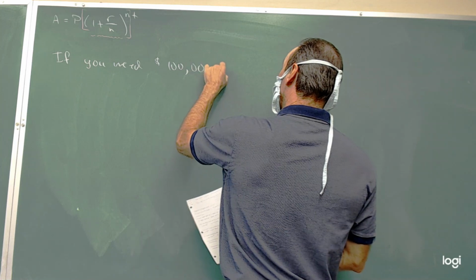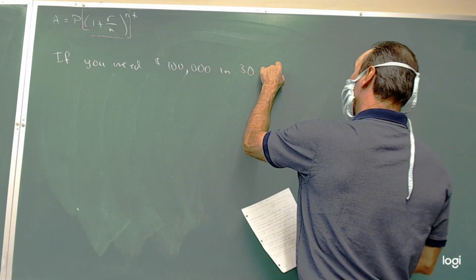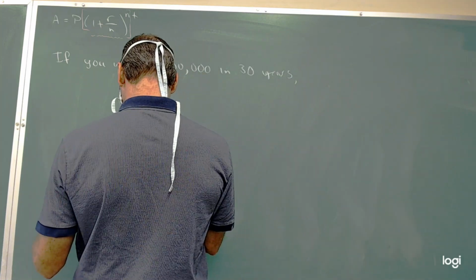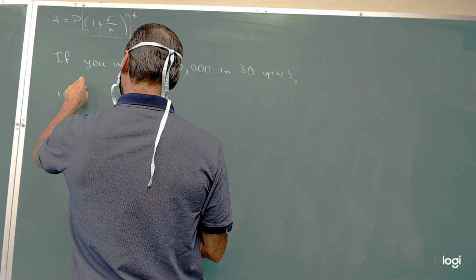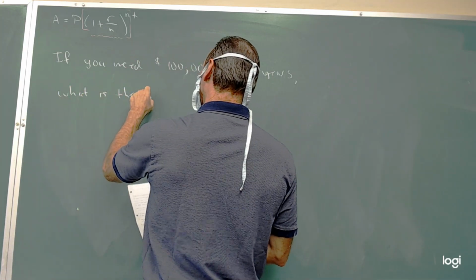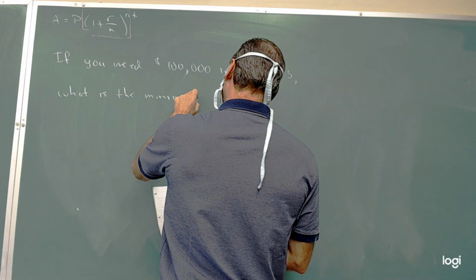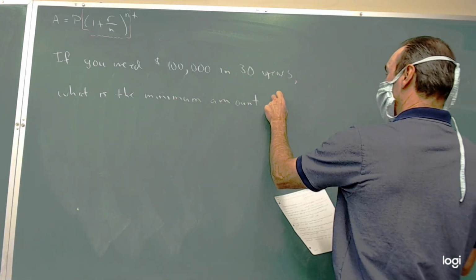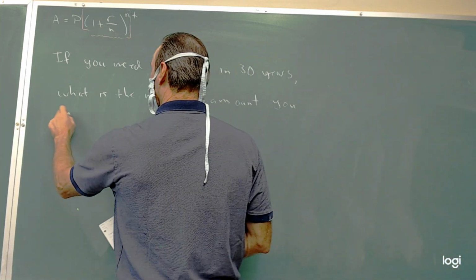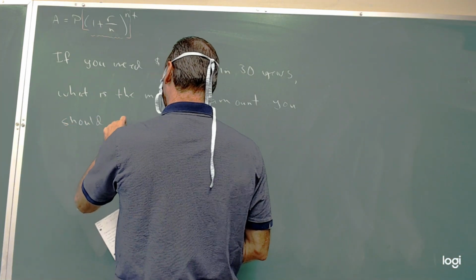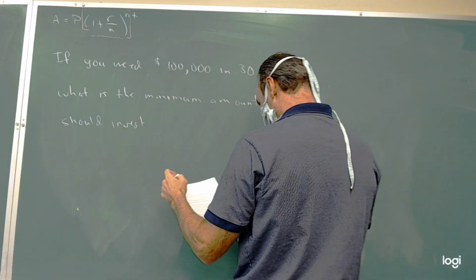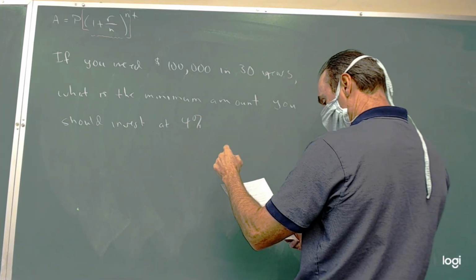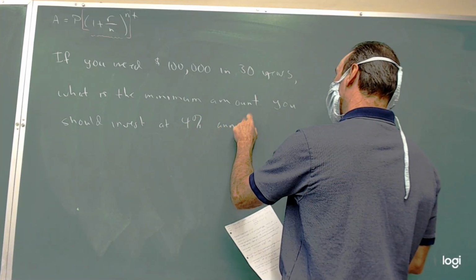What is the minimum amount you should invest at 4% annual interest compounded monthly?